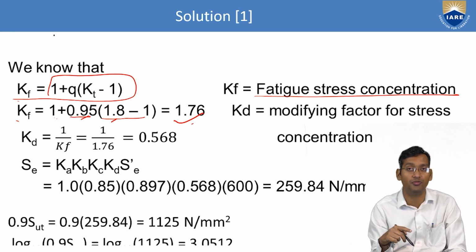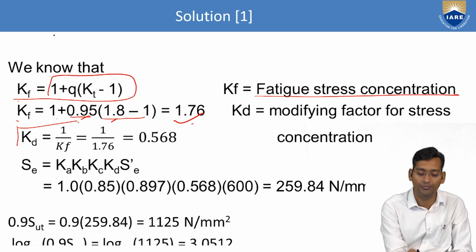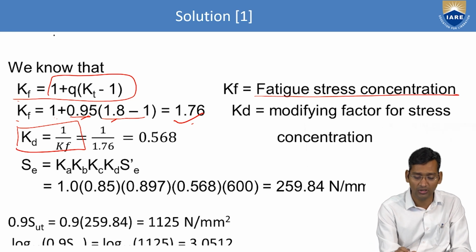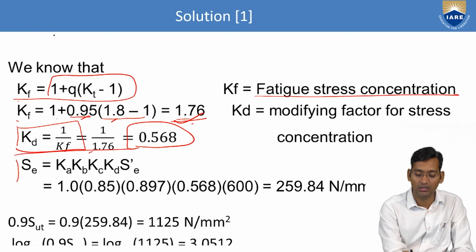In the previous question also we found Kf and then Kd, where Kd is 1 by Kf. So Kd is 1 by 1.76, which gives 0.568.